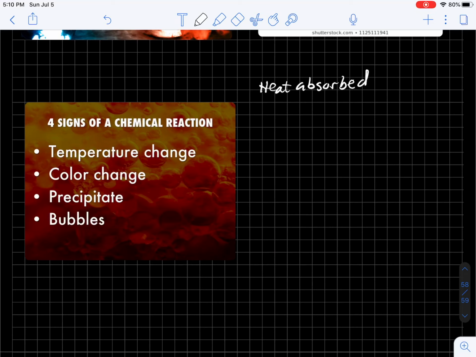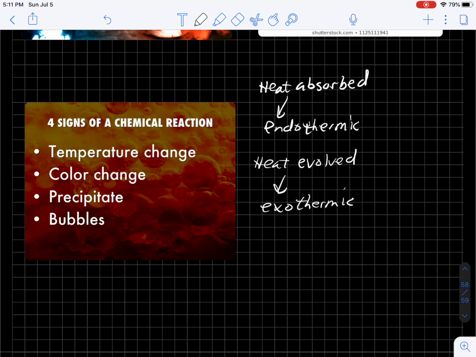So when you touch your beaker, if there's an endothermic reaction going on, the reaction absorbs the heat, it gets it from the beaker, and the beaker gets colder. So we would call this an endothermic reaction. And if heat is evolved, that means the reaction is giving off heat, the beaker gets hotter, and we would call this an exothermic reaction.